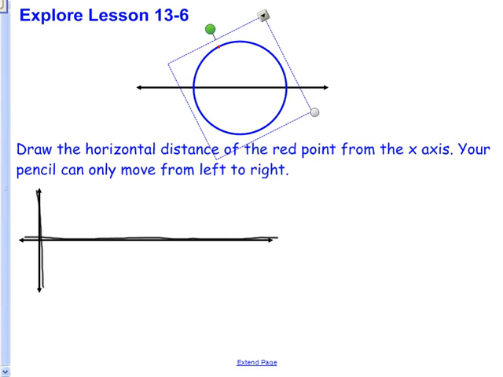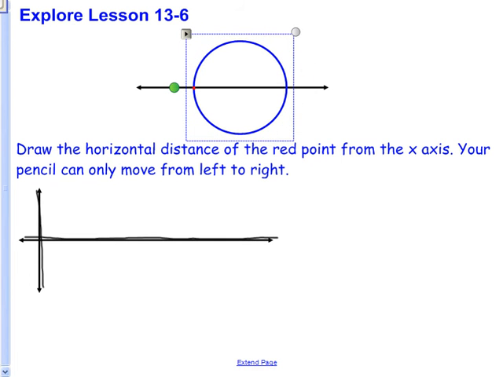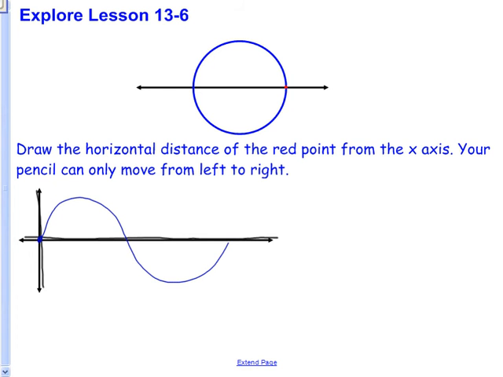But then it's getting closer and closer till it touches it and the distance is 0. But now it's got a negative distance, it's below it. And then it comes back up and touches it. So it started at 0, went further away, touched it, then went down below, and so on. It can keep doing that.